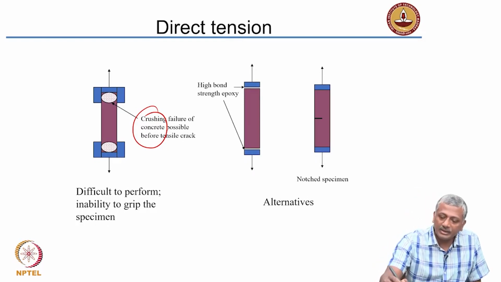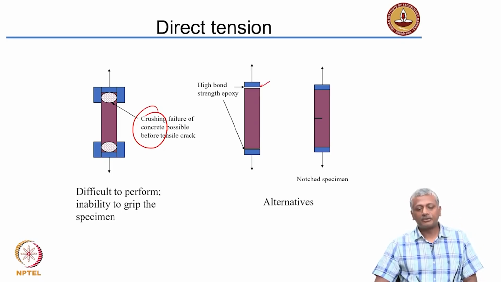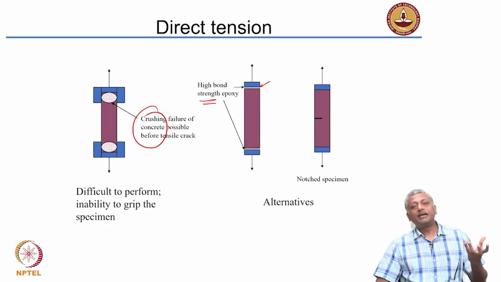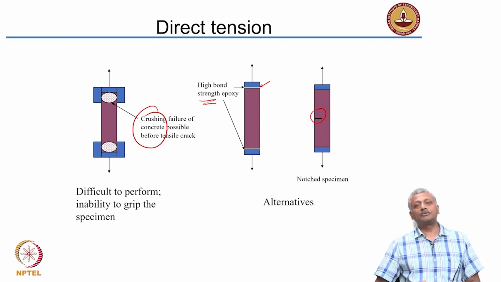One is, instead of holding it, you glue it to the platens at the end using a high bond strength epoxy. But sometimes that is a problem because it becomes more of a test of the epoxy strength rather than the concrete strength. Okay. The other thing is, you can put a notch in the center of the concrete cylinder. A notch basically is a defect that you are already putting in.